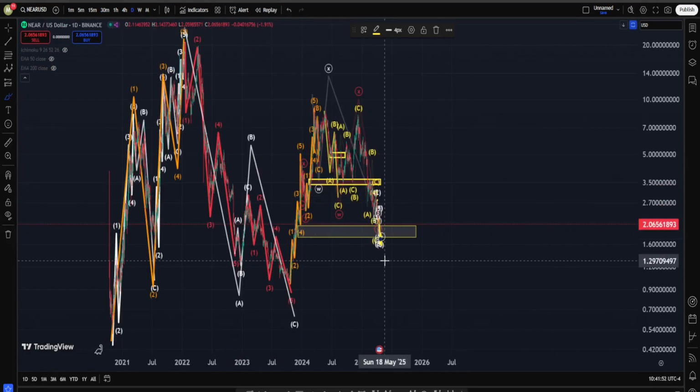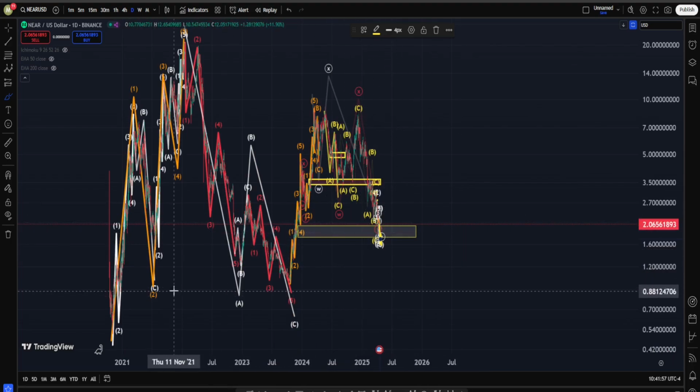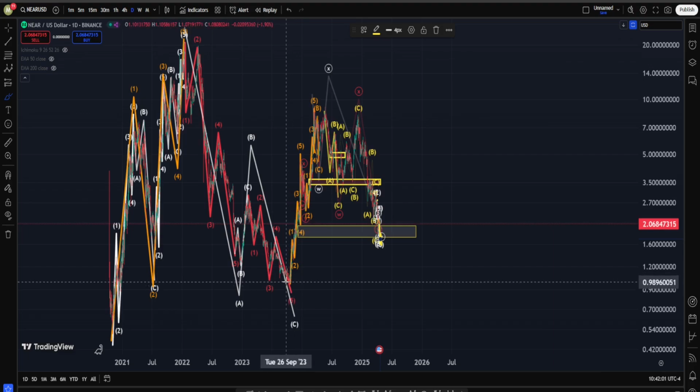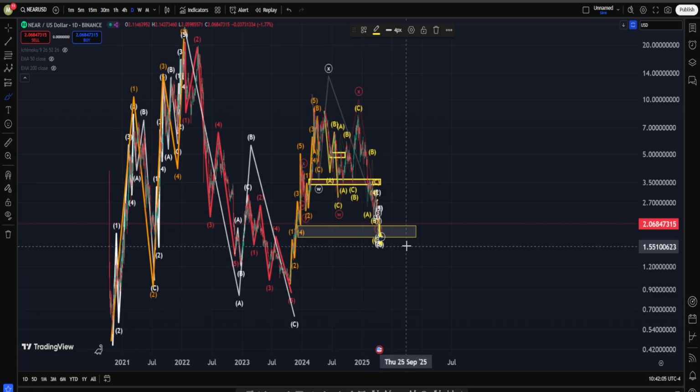That's why I want to say in Near, if we break this support, the next target is probably going to be setting a new low and taking this one down here about, let's say, $8, which means from these areas we can expect another 30 to even 40% move down.